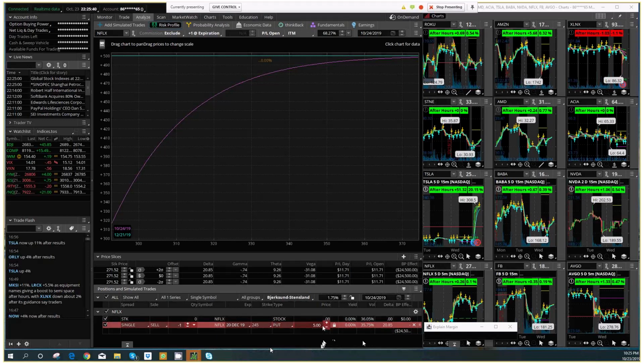And if it does go down there, you are put the stock at 245. Of course, if the stock drops below 245, let's say 220, you are put the stock. You did get a $500 premium, but you were put the stock at 245, and then you basically own it at 245, regardless of where it's at.